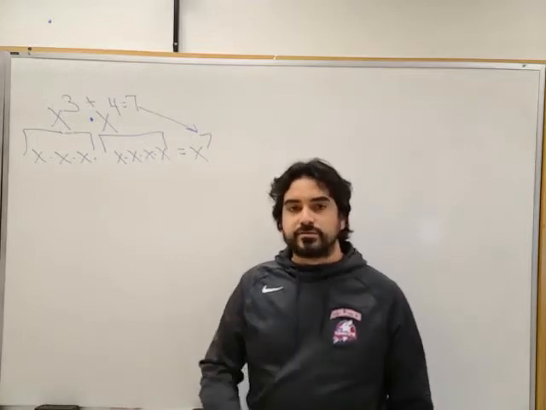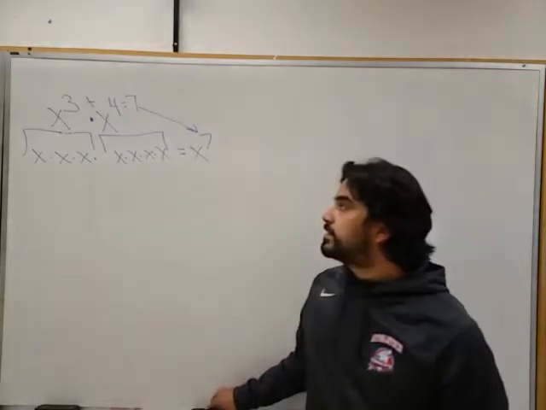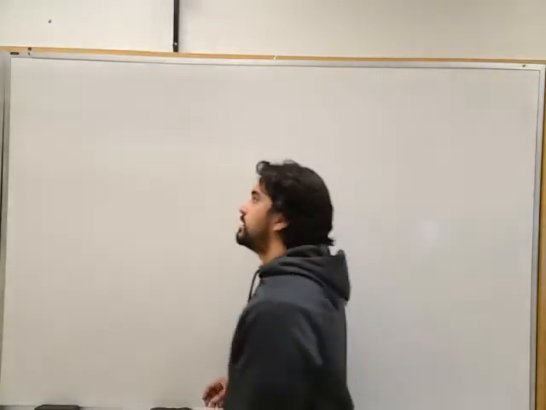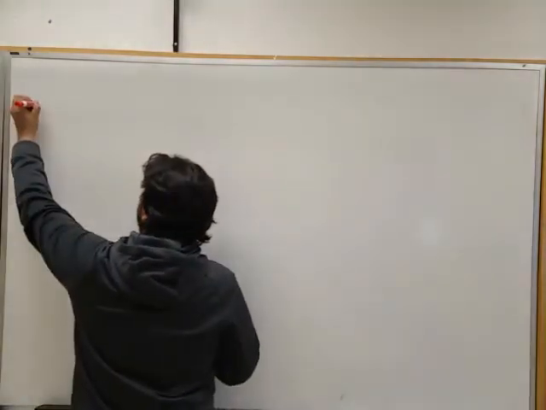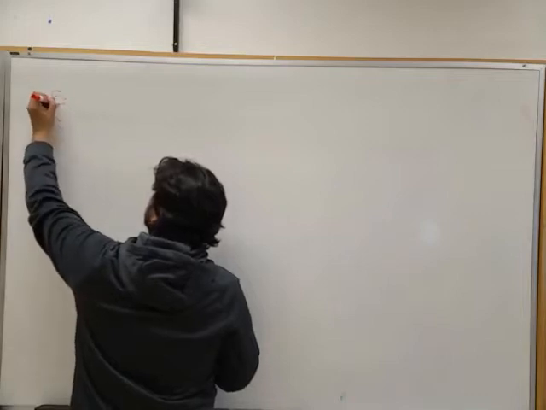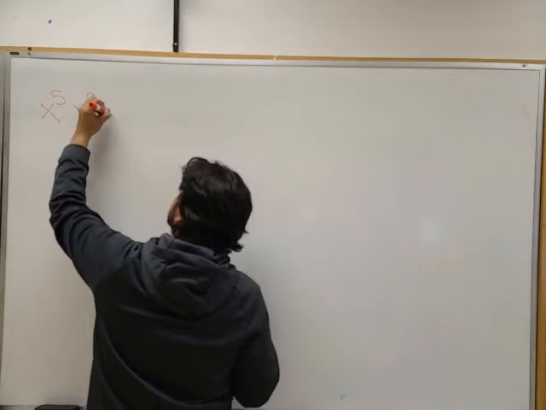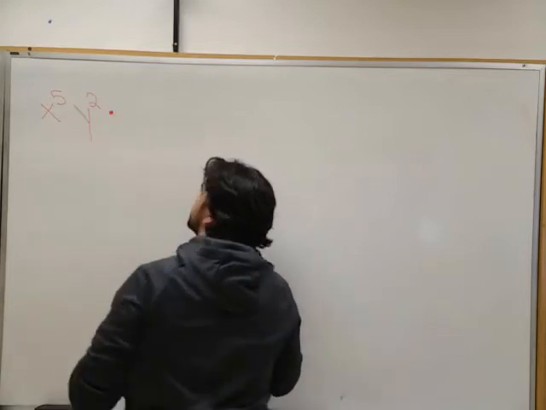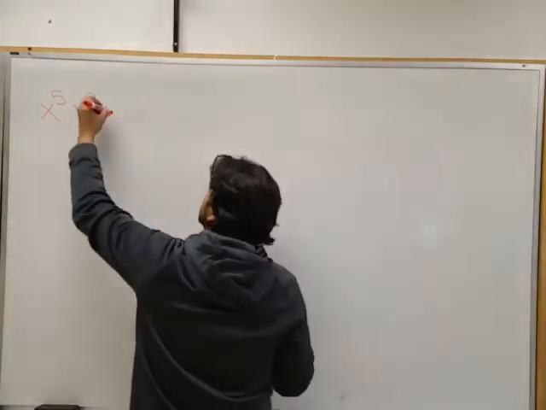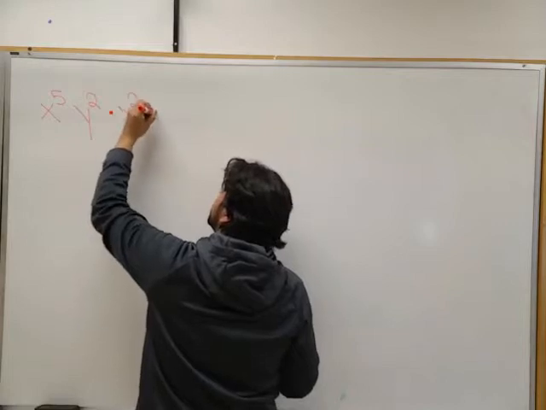Now, let's go ahead and try one with 2 variables. What do we have? x to the power of 5 times y to the power of 2 times x to the power of 2, y to the power of 3.